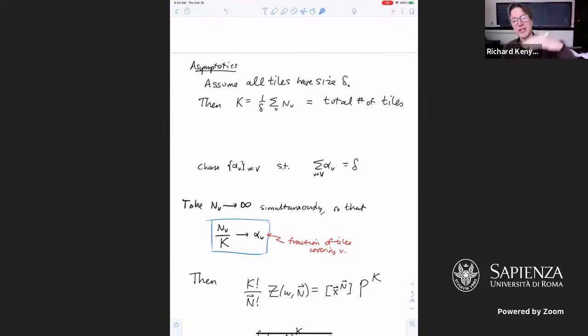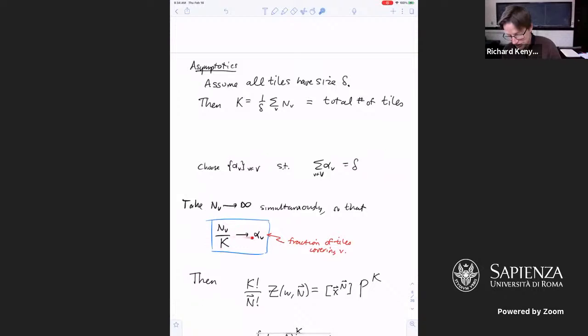And we're going to be interested in the limit as the number of multiplicities gets large. So we're going to let the multiplicities go to infinity simultaneously so that their ratios tend to some constants, which I'm calling alpha v, the ratio of the multiplicity divided by the total number of tiles. That's, if you like, the fraction of tiles which cover vertex v.